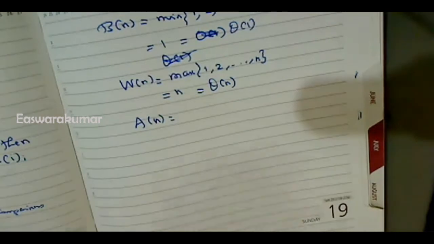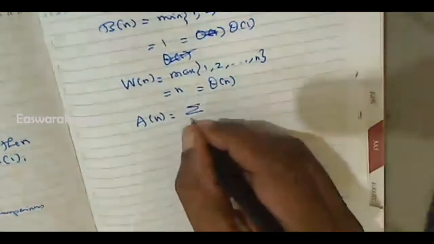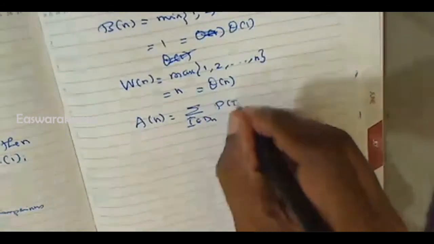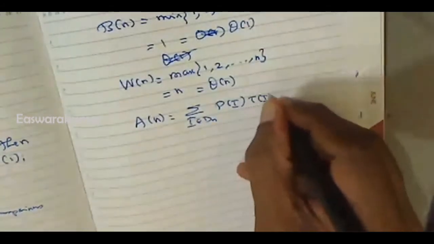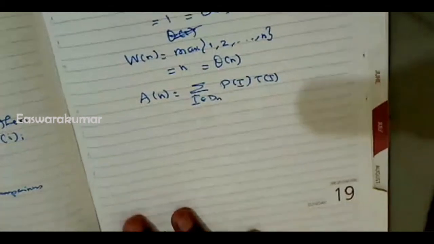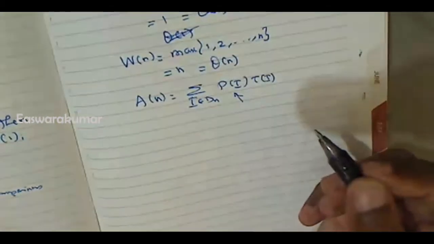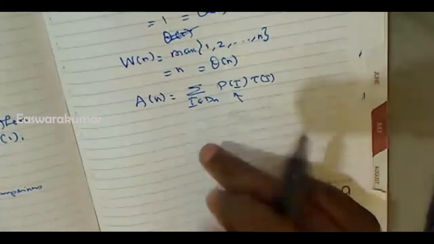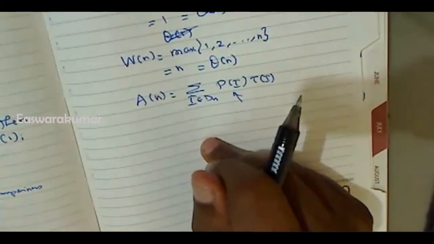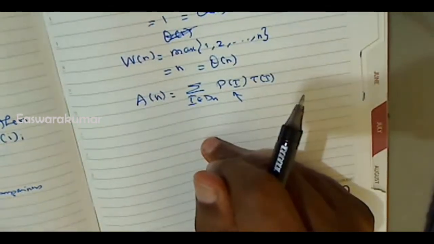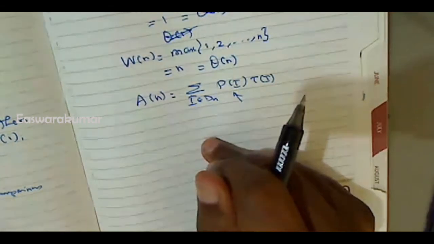So the formula for average case is sigma i belongs to D_n, P of i times T of i. This is the formula we have seen. In that, P of i is the probability. So for this problem we have to define the probability. But we do not know what the probable value is.